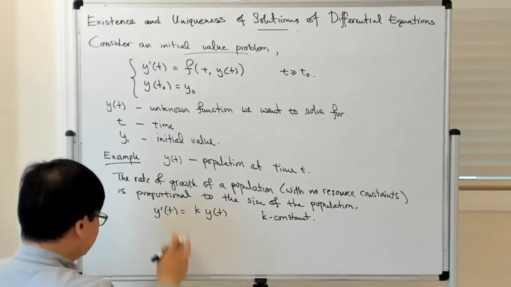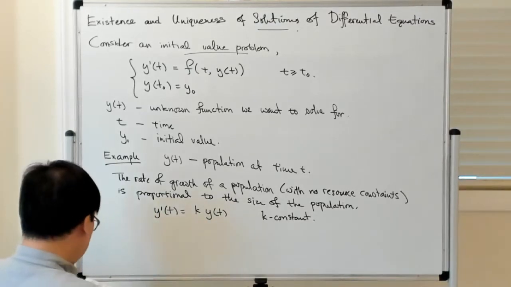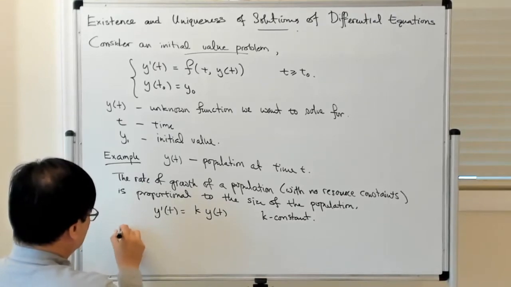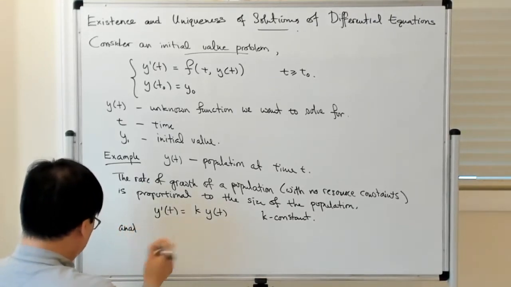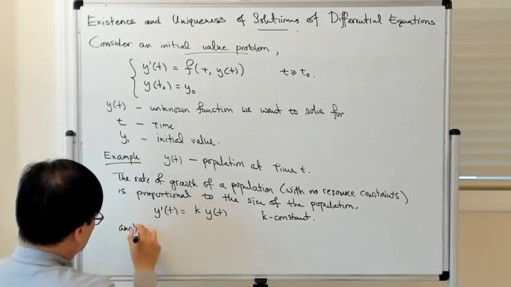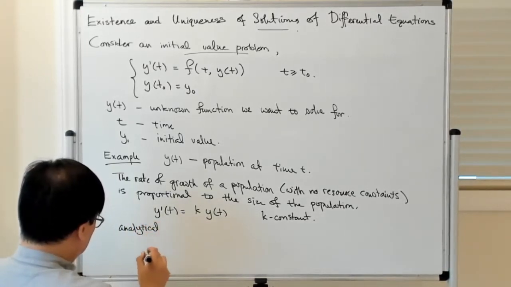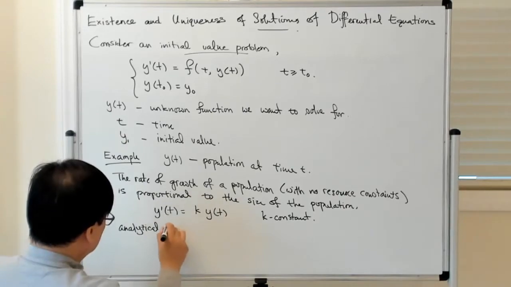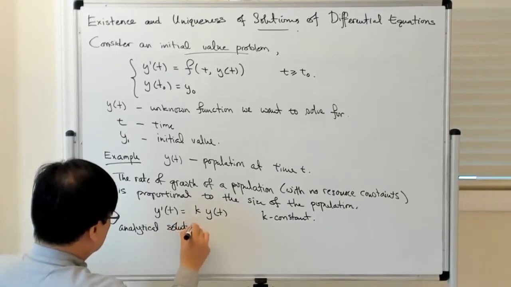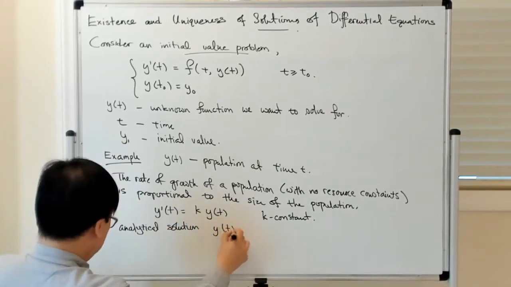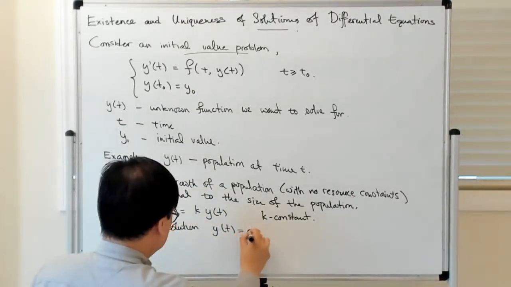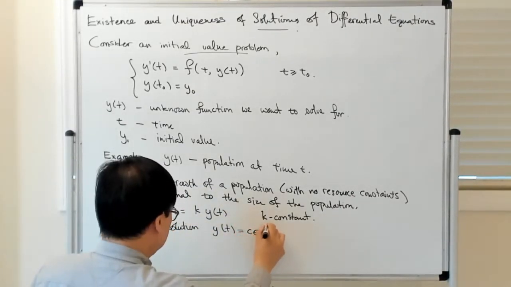Of course this is a simple equation, and the analytical solution is just exponential growth. So y of t is equal to some constant times e to the kt.